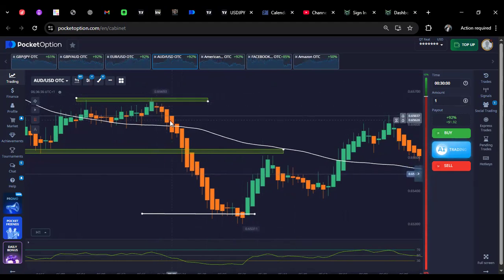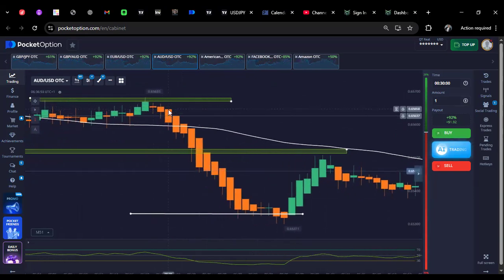But for this Heikin, first of all, I will need to see a doji forming, then a strong sell candle or buy candle that doesn't have any wick. If it's going to be a sell, a strong sell candle that doesn't have any wick above it. That's my indication. If it doesn't have any wick above it, I am good to go.